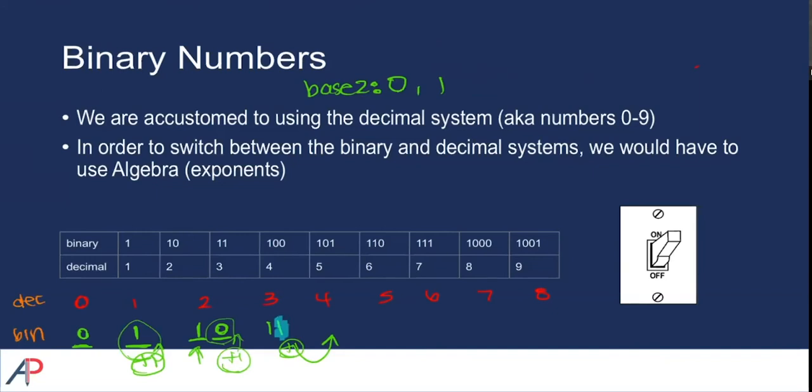So I reset that place value to 0, and I increment the next digit, but the next digit is already a 1. So I've maxed out in that number. So this also is going to be a 0. We reset that digit and increment the next place value. So it's a 1. So a 4 in decimal is a 100 in binary.